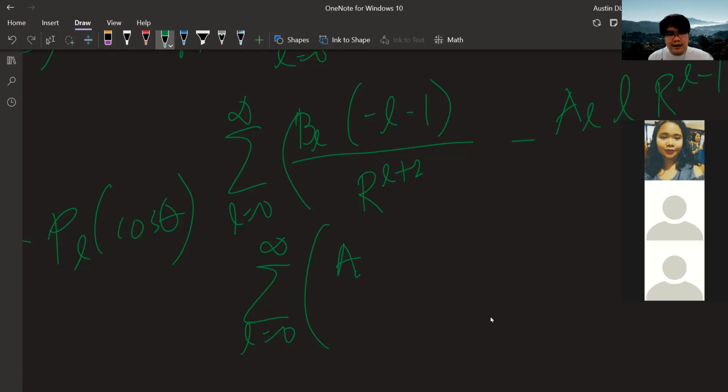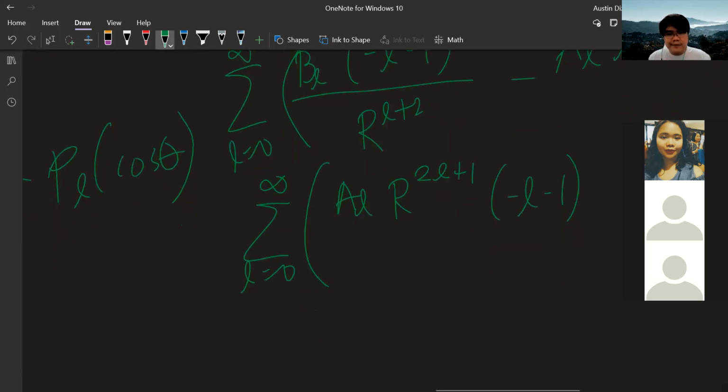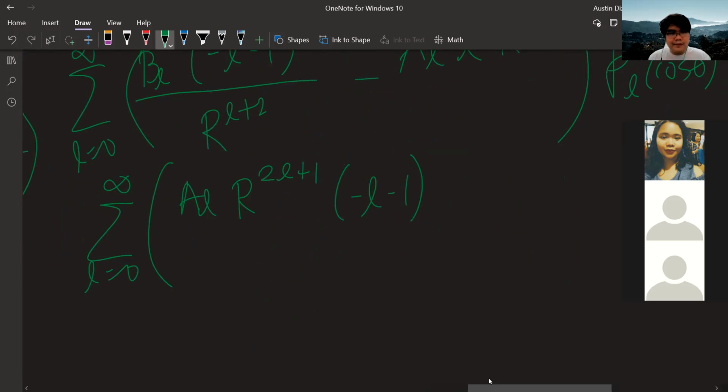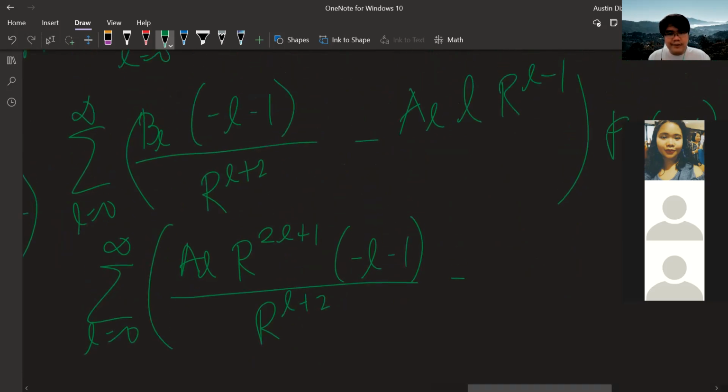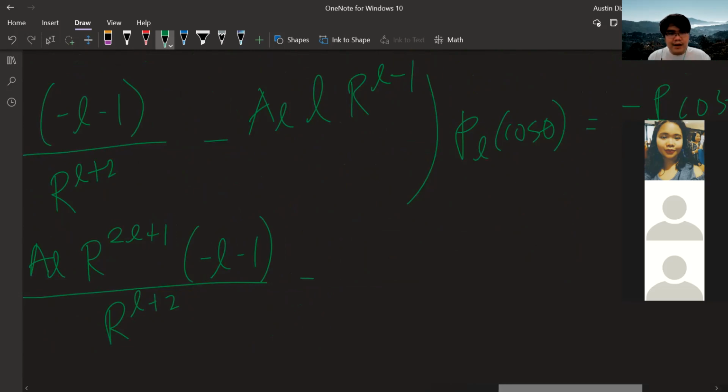B_l R raised to 2l plus 1, over R raised to l plus 2, minus A_l.